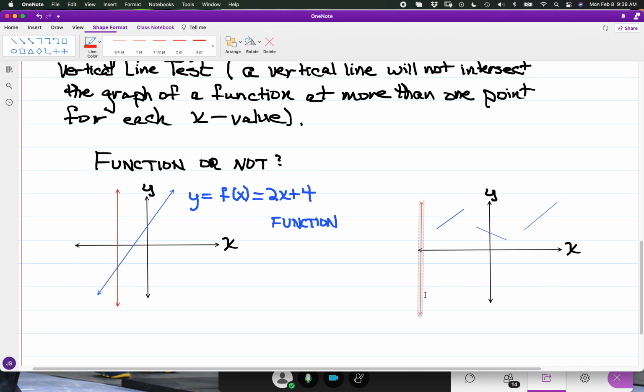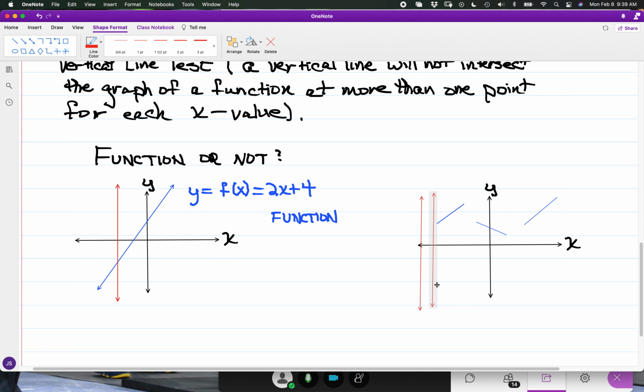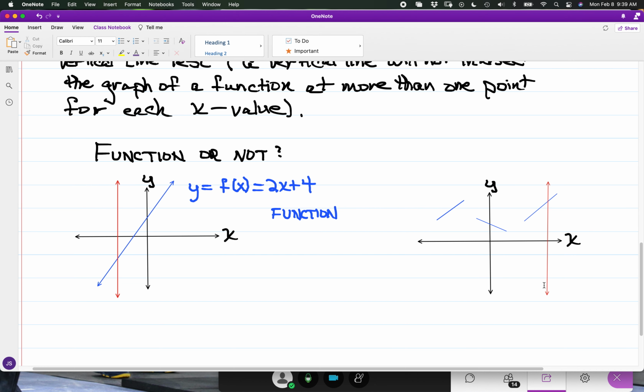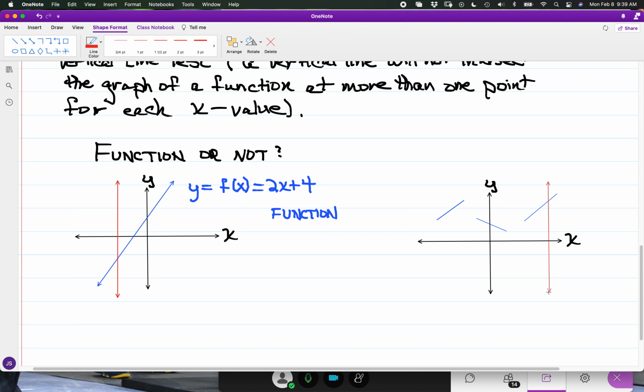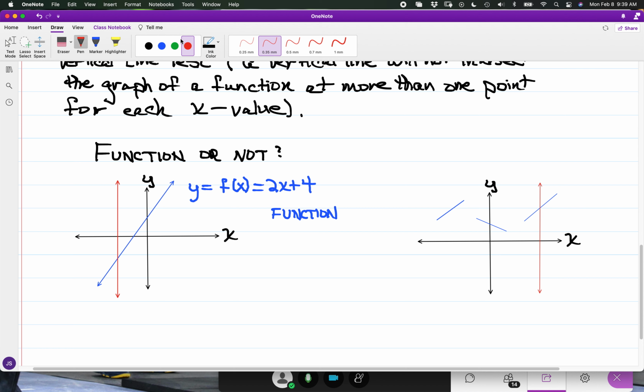If I run a vertical line from end to end, at first there is no intersection, then in this zone, for each x value there is at most one point of intersection. Then there is no intersection, then for this segment at most one point of intersection, then no intersection, and then for the rest of this section, at most one point of intersection. So this is also a function.